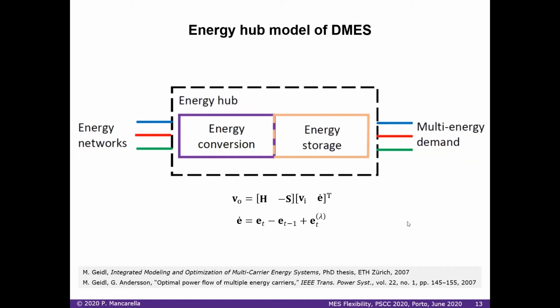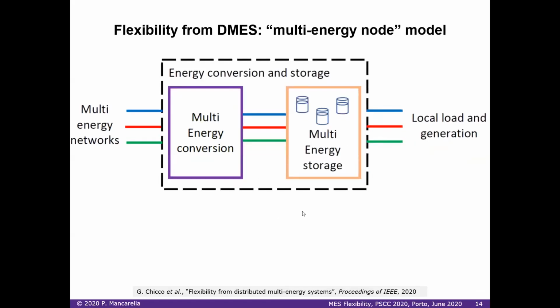How do we model the flexibility? The idea is, again, to generalize the simple power node formulation to multiple energy vectors, and let's call this the multi-energy node model, which corresponds to this formulation. Here you have the storage matrix, describing the dynamics of the energy content in the storage inside your hub.